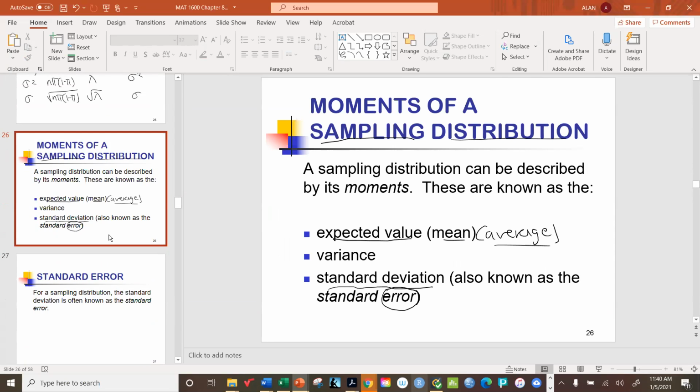So the standard error is a special type of standard deviation. This refers specifically to the standard deviation of a sampling distribution.